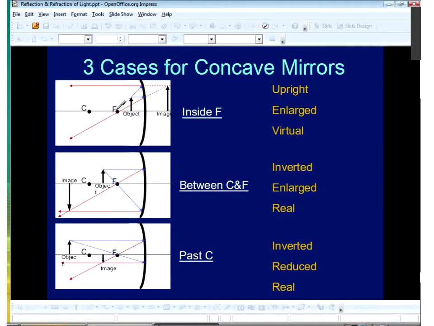So this is inside F. Image is straight, virtual, big. Now between these two situations, between F and C, real image, big, inverted. So it helps if you have these three cases in your mind.